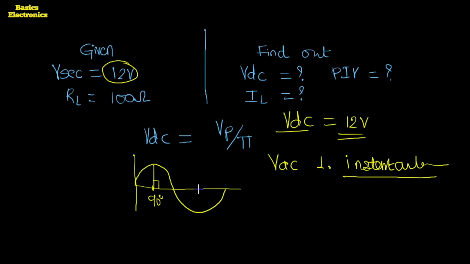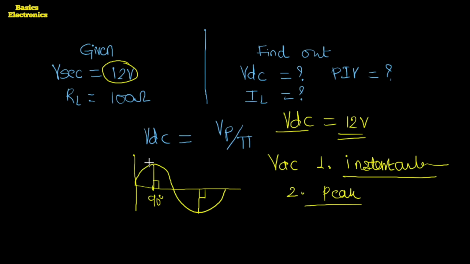If the voltage is measured at the angle of 90 degrees and 270 degrees, then this voltage is called the peak voltage or the maximum voltage.